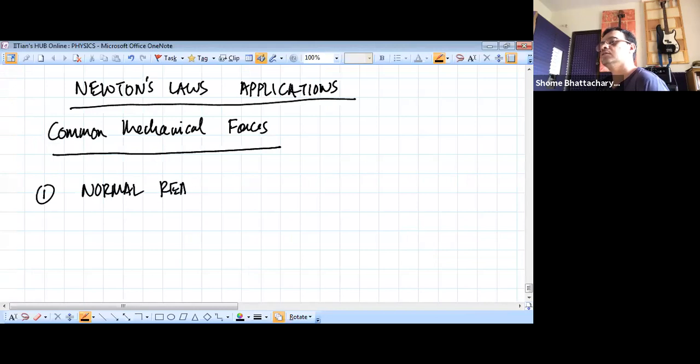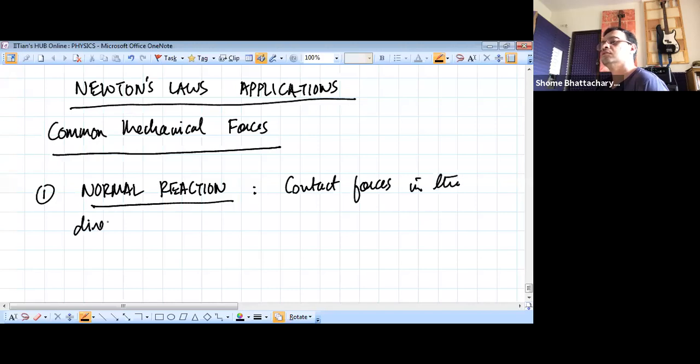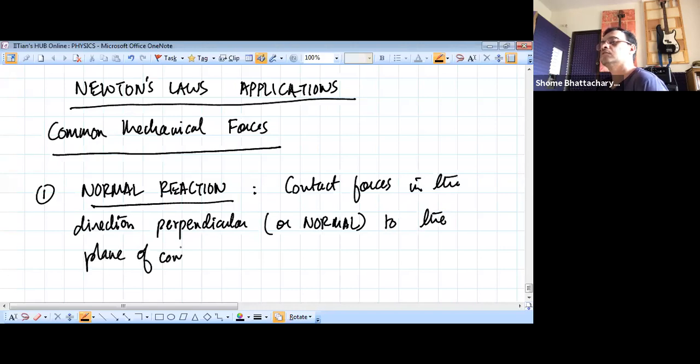So normal reaction. We saw that it is defined as the contact force in the direction perpendicular, or perpendicular is also called normal in geometry, to the plane of contact between two surfaces.